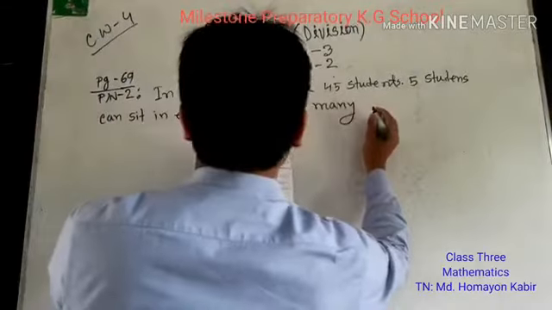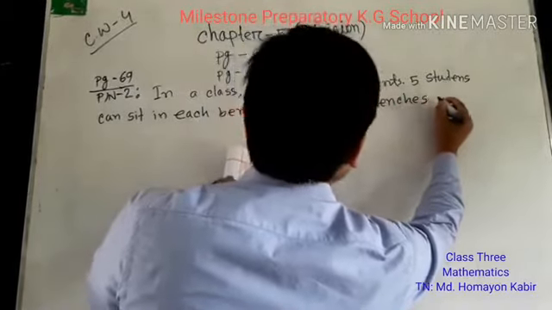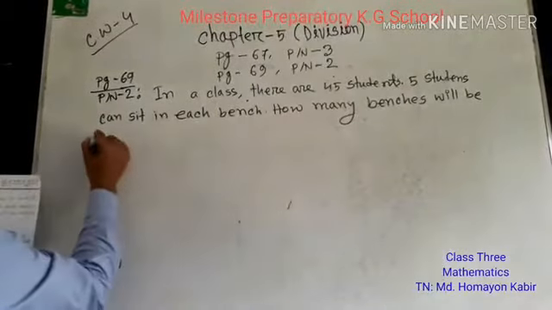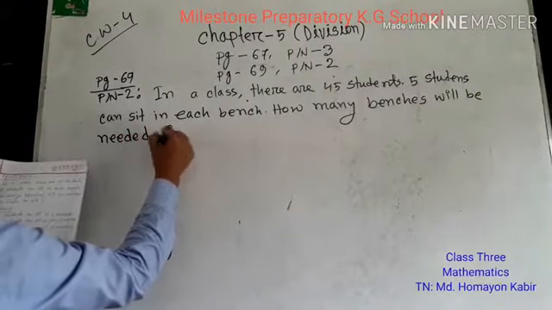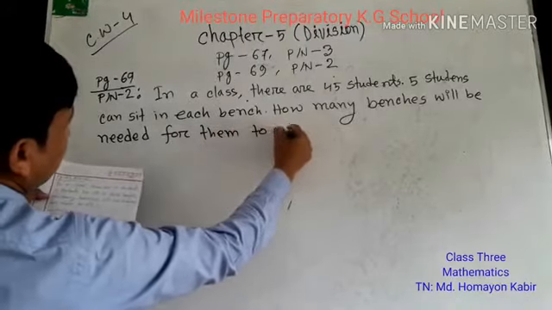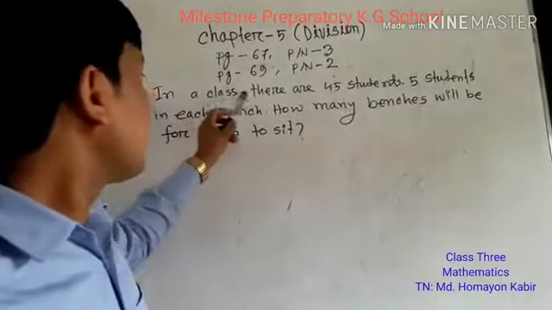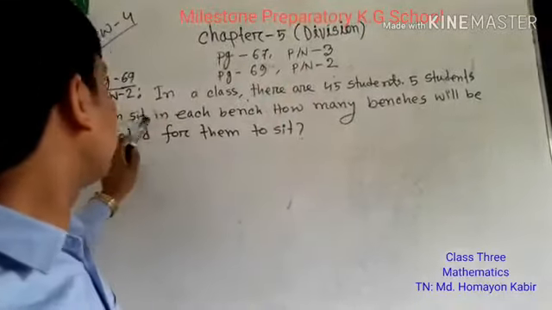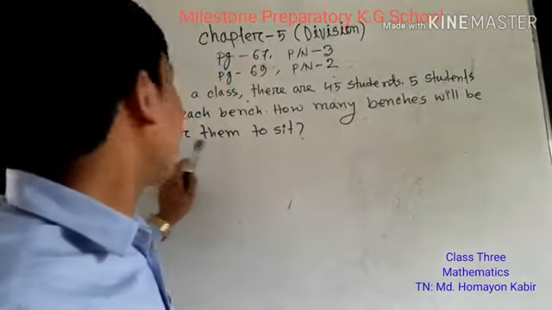How many benches will be needed? Now read out this problem. Okay, in a class there are 45 students. 5 students can sit in each bench. How many benches will be needed for them to sit?